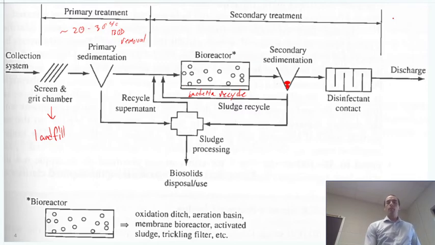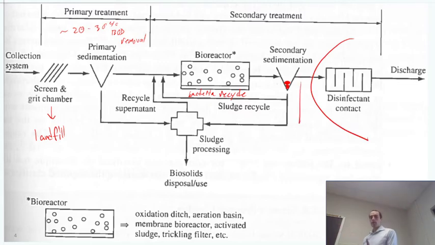And so maybe we would add something like that, rather than take the disinfectant here, we would add another bioreactor or two, and we'd probably call that tertiary treatment if it were specifically targeting phosphate removal or nitrogen removal.